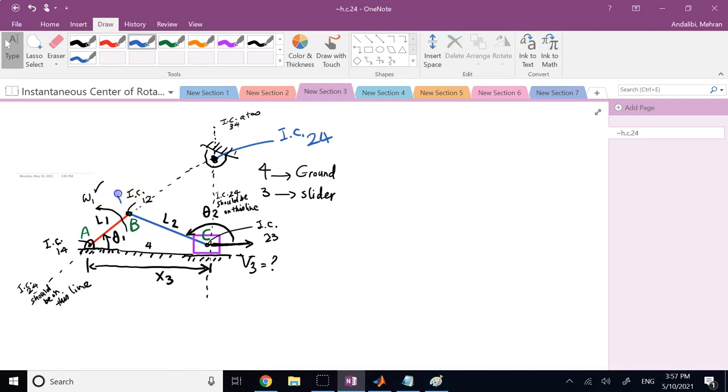So now if I call this length from here to here A, and I call this length from here to here B, then I can find what I need.